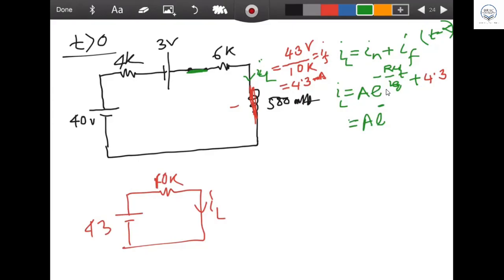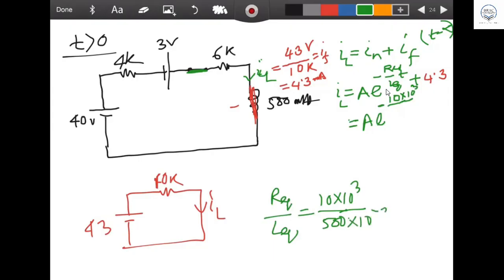And what will be L? 500 millihenry. So 10K means 10 into 10 to the power 3 ohm, and I'm writing R equivalent by L equivalent, which is 10 into 10 to the power 3 divided by 500 into 10 to the power minus 3.